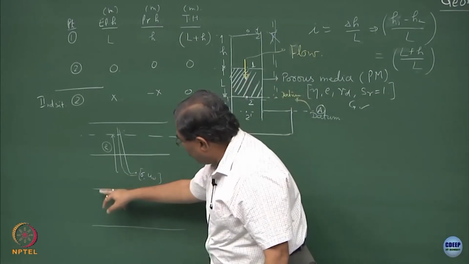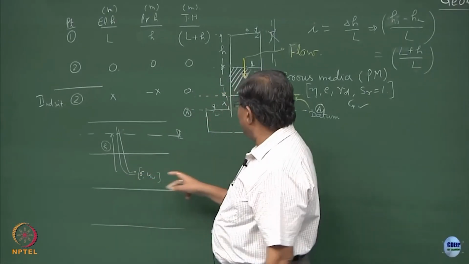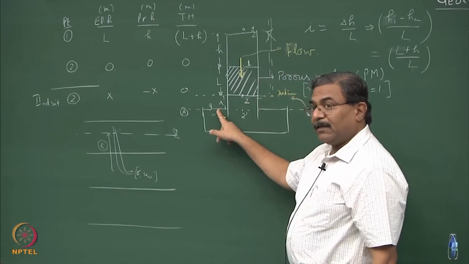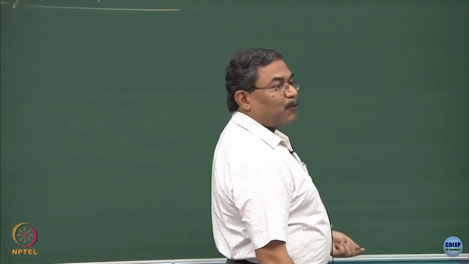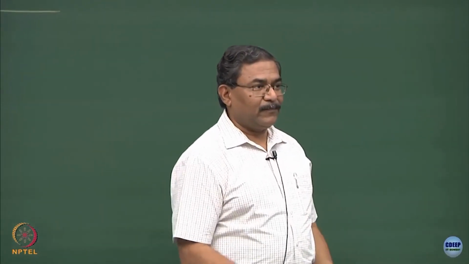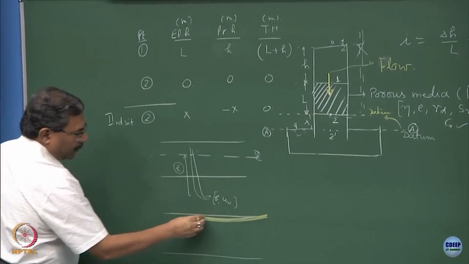There is no boundary condition which is enforcing the atmospheric condition. Now, if I do engineering, how would you do surgery of the system? Suppose I include a layer of porous media over here.